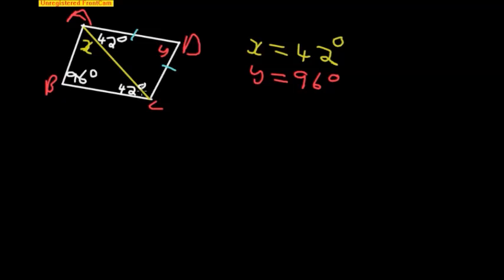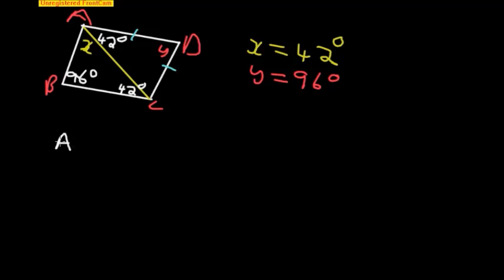We also already showed that this angle here is also 42 degrees, and that y equals 96 degrees, b equals 96 degrees. So we can now just add up all these angles.